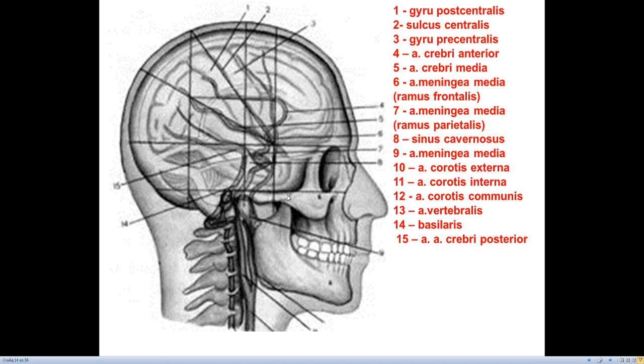The parietal branch is projected on the place of crossing of the horizontal line with the posterior vertical line.